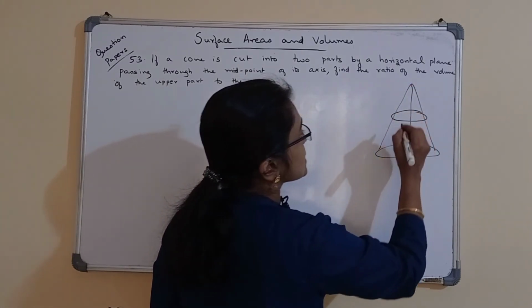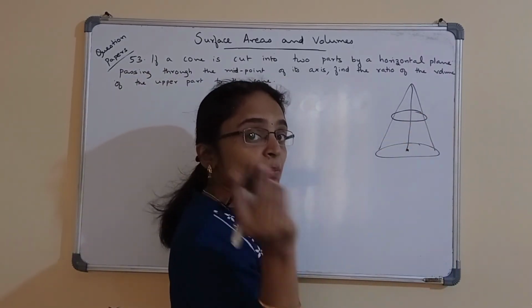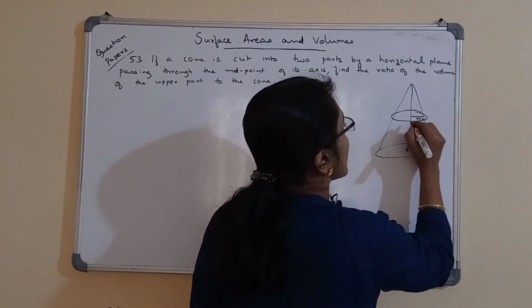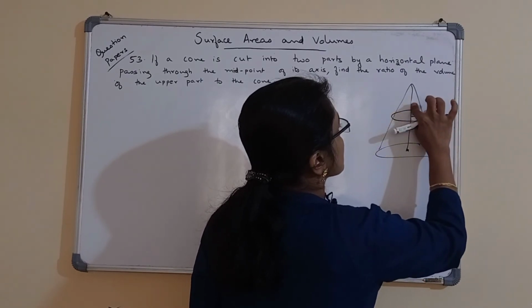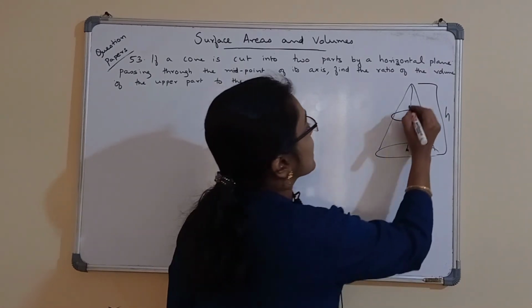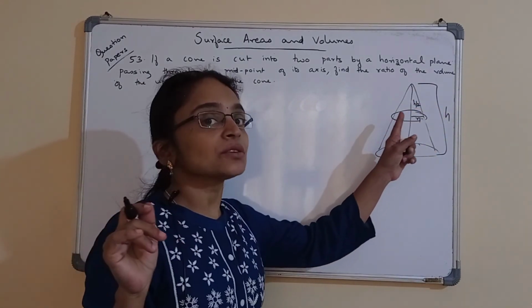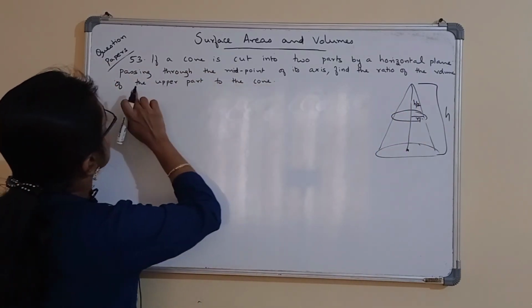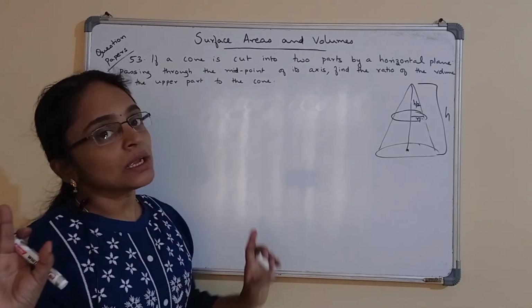So, R will become R by 2, and this full is H, and the height of this cone will be H by 2. That is, height of the upper cone will be H by 2. Now, we have to find the ratio of volume of the upper part to the volume of the cone.